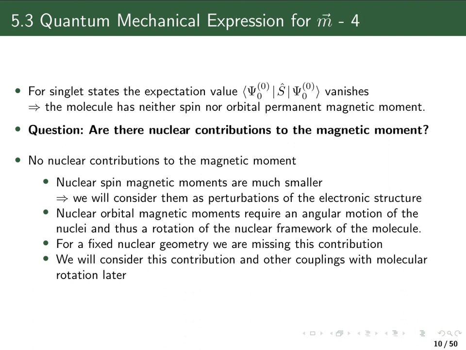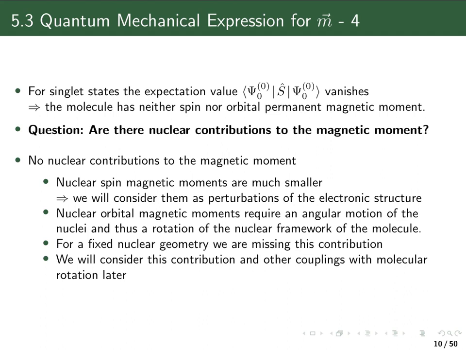But the magnetic moments of the nuclear spin are three orders of magnitude smaller, because in the ratio from the spin to the magnetic moment enters the mass of the particle, and since nuclei are at least a factor of 2000 heavier than electrons, their magnetic moments are much smaller, which means we are not going to consider them on equal footing.